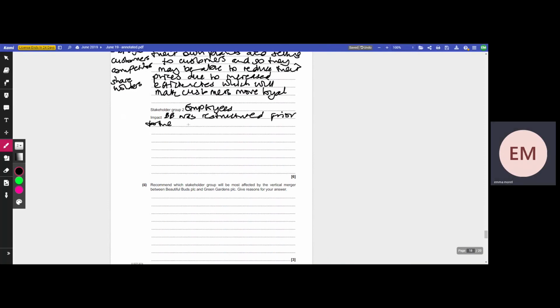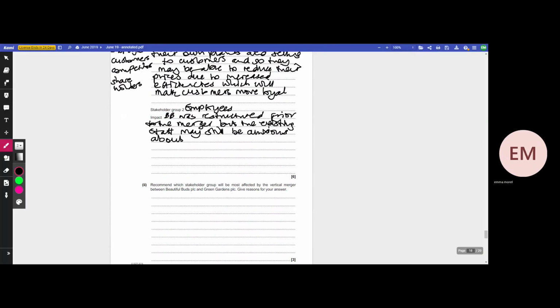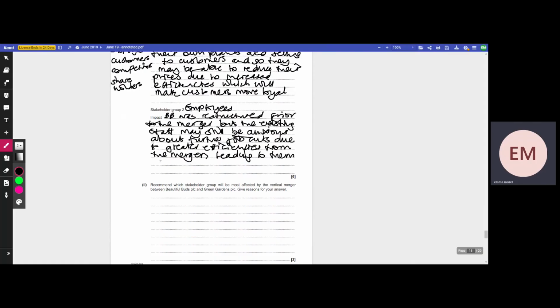Prior to the merger, but the existing staff may still be anxious about further job cuts due to greater efficiencies from the merger, leading to them being less motivated. So I've said what the impact is.